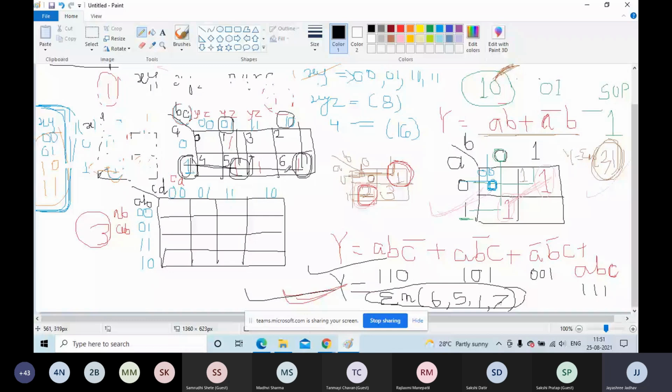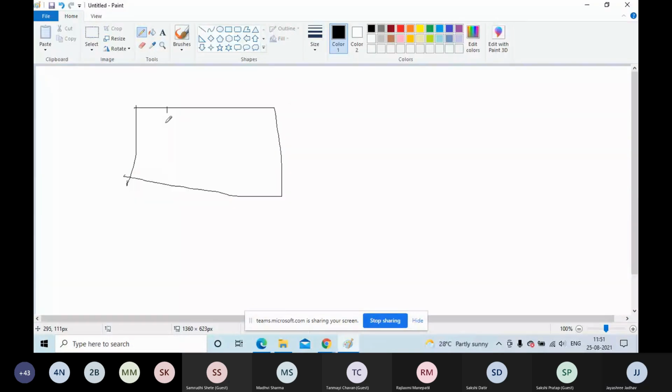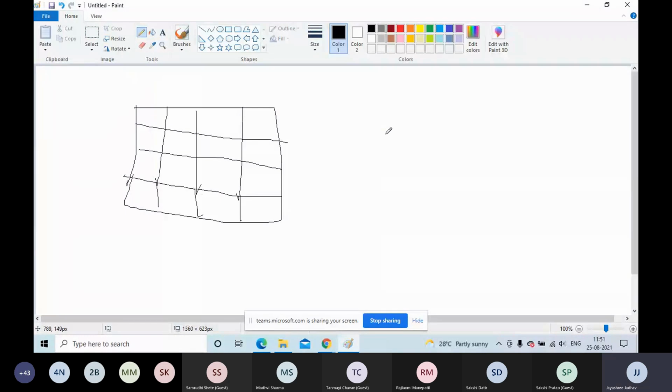Okay. Now I will take another file here. Now you can see 4 variables. For 4 variables, this is my K-map. This is the K-map for 4 variables.